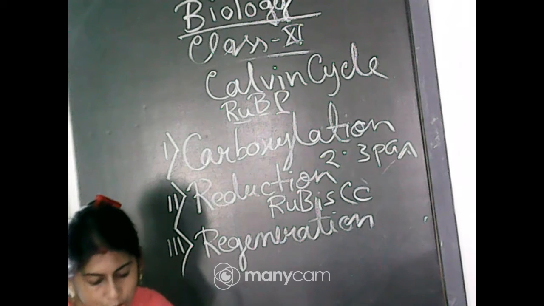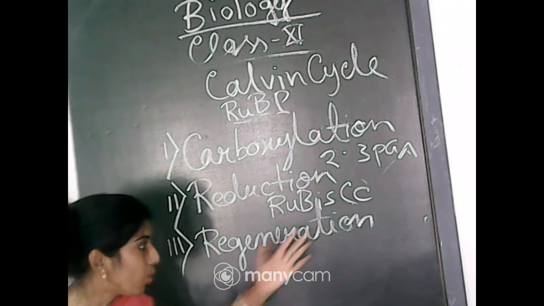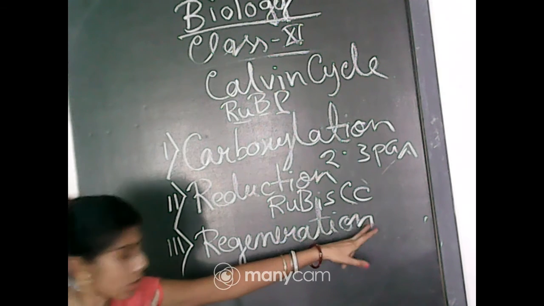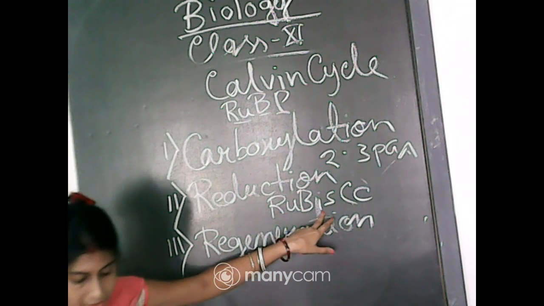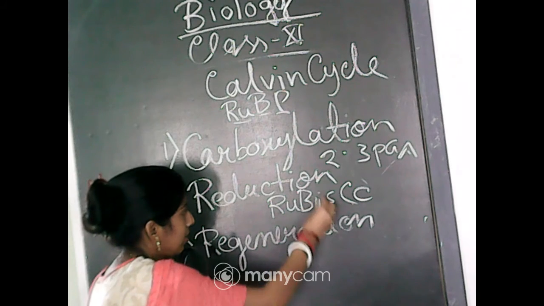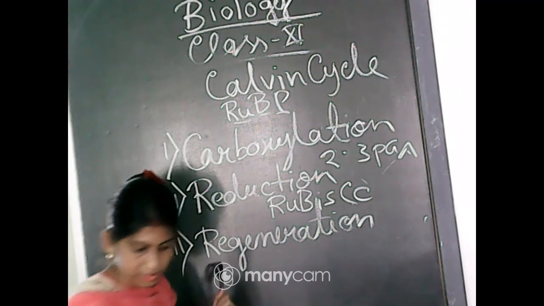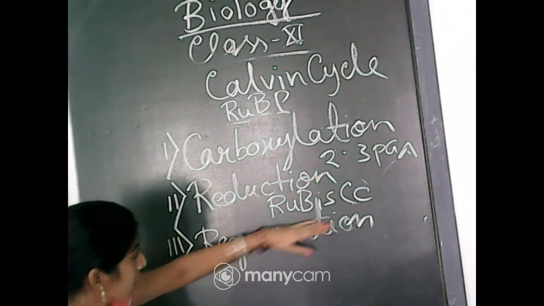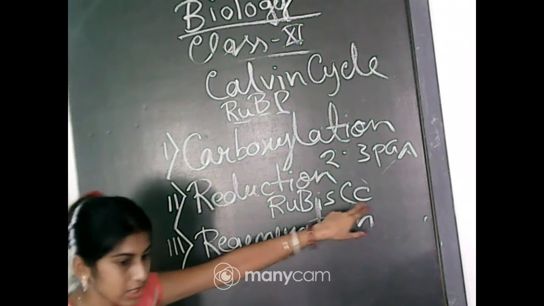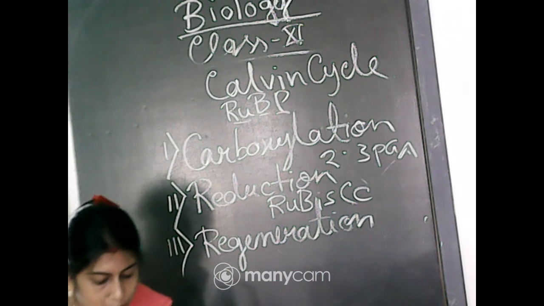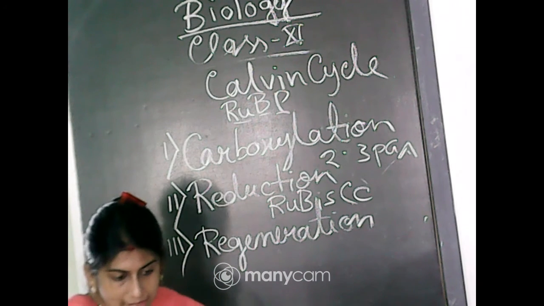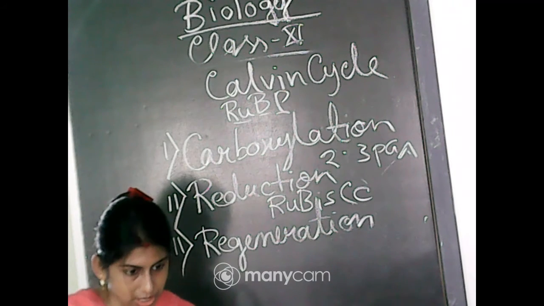So it is more correct to write RuBP carboxylase oxygenase. That is the full name of Rubisco. That is the main step of carboxylation.